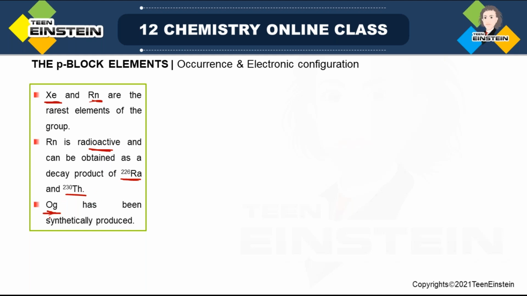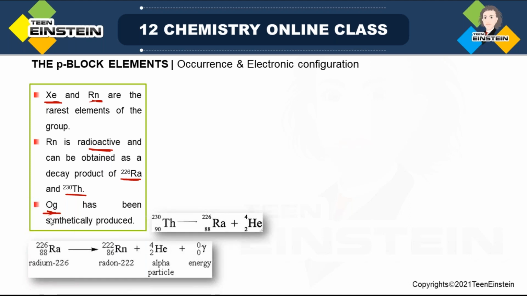And Og, it is synthetically produced. So here from these two equations you can understand 230 thorium, this is the mass number, this is the atomic number, and this is a radioactive reaction. After conversion we are getting 226 Ra and helium.